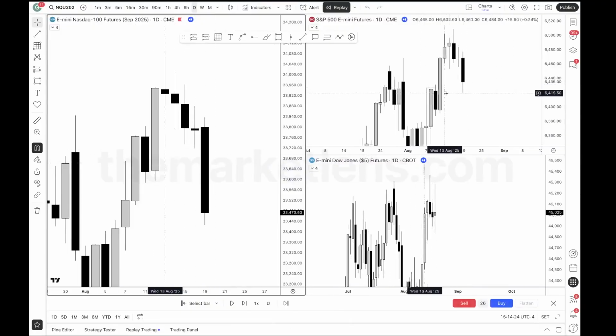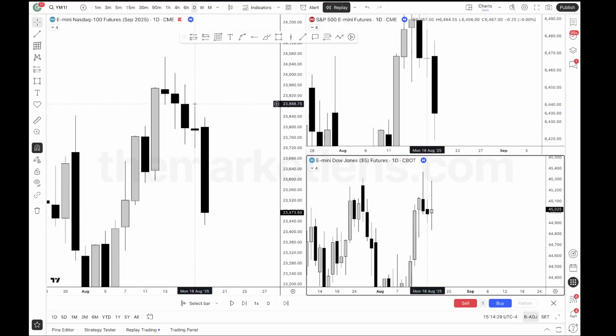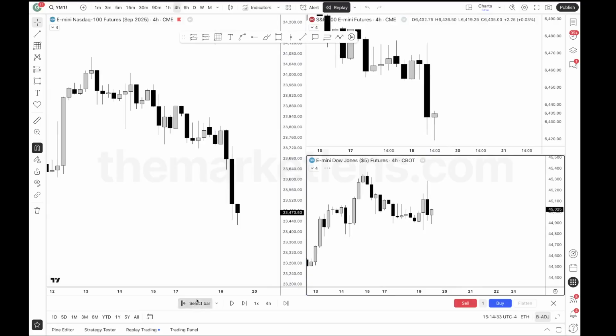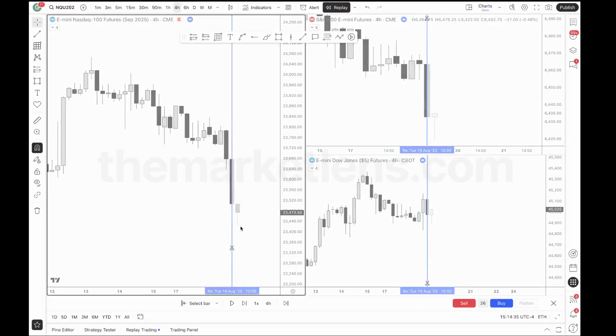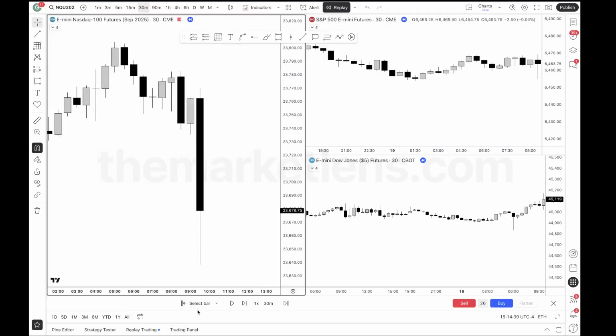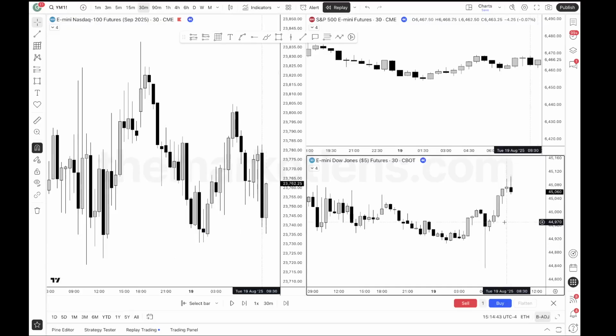All right, so what we have here basically is YM running above the previous high. But I want you to look at something here, right when the driver opens, right before it does. Look at the position where YM is at this time.